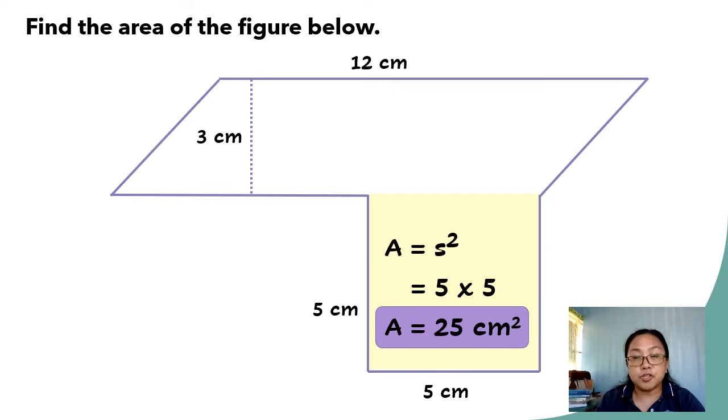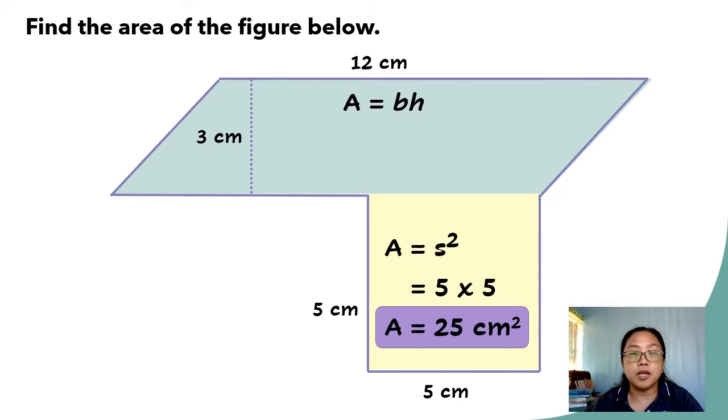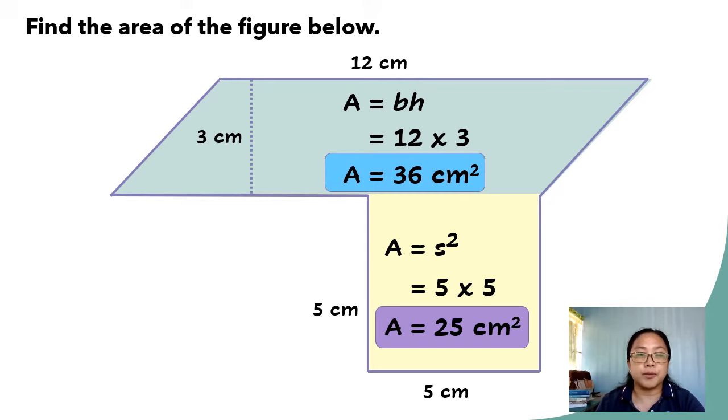The upper portion of this composite figure is a parallelogram that is 12 centimeters long and 3 centimeters high. To compute for the area, we will use the formula area equals base times height. Then substituting the values for the base and height, we'll have 12 times 3. And so the area of this parallelogram is 36 centimeters squared.